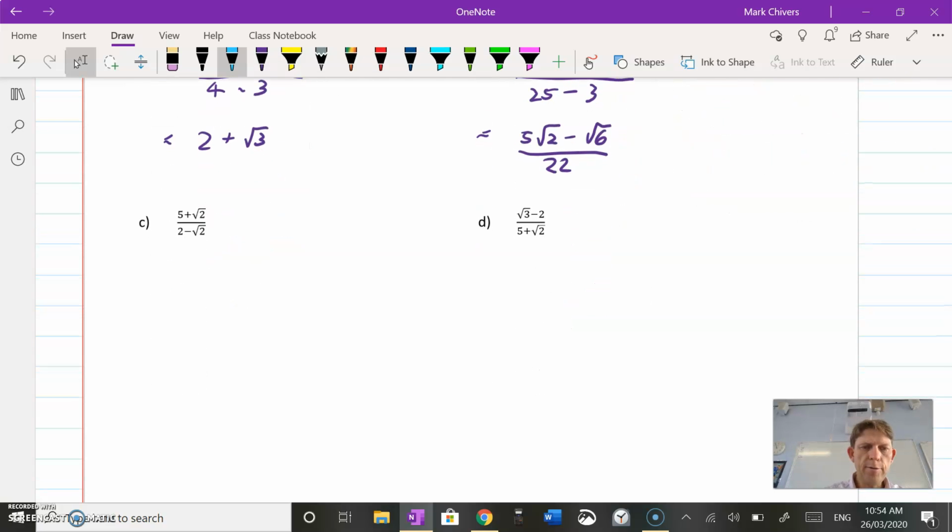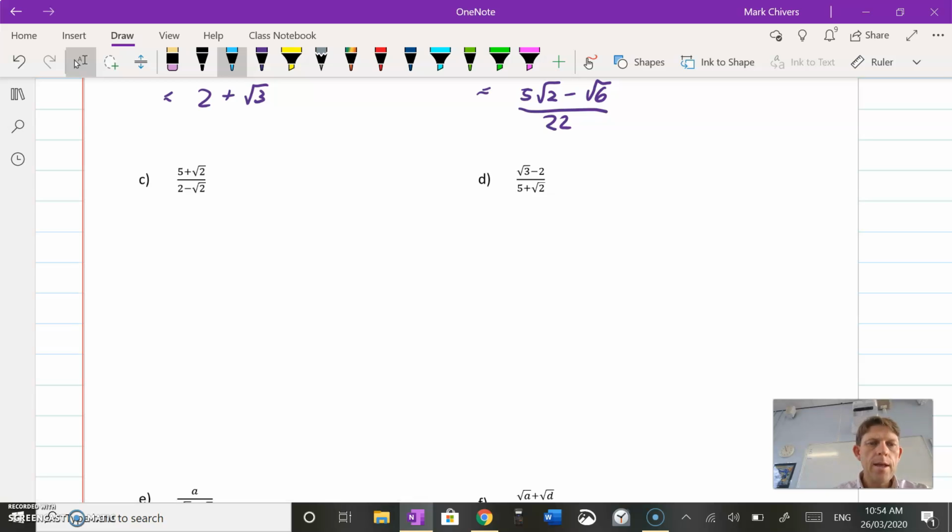Okay. I've got enough time to run through the last couple of examples, which is good. So once again, I have to first pick my conjugate. The conjugate of 2 minus root 2 is going to be 2 plus root 2, and I just multiply by a fraction with that expression as the numerator and the denominator, because that's equivalent to multiplying by 1. I don't want to change the value of this, I just want to express it in simpler terms.